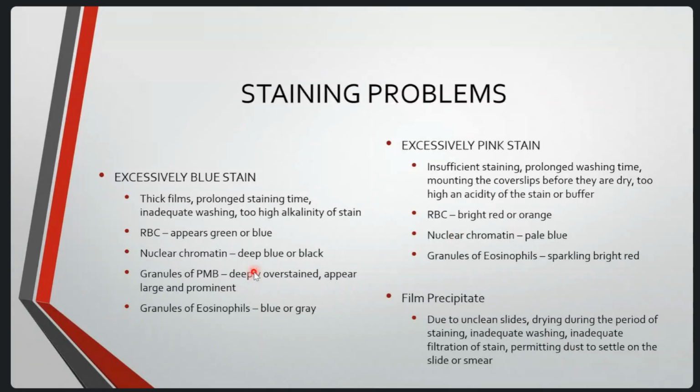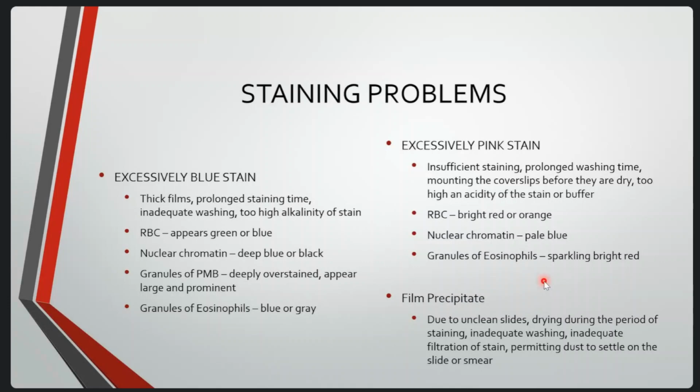The nuclear chromatin will become deep blue or black, while for the pink it will become pale blue, and the granules will be deeply overstained, appearing large and prominent. For the eosinophils, it's difficult to identify them because their granules will become blue or gray. In comparison, excessively pink will have sparkling bright red granules.